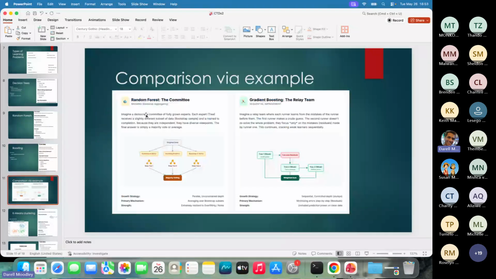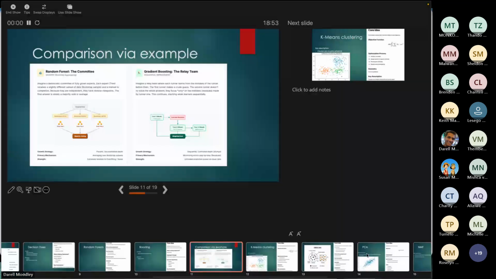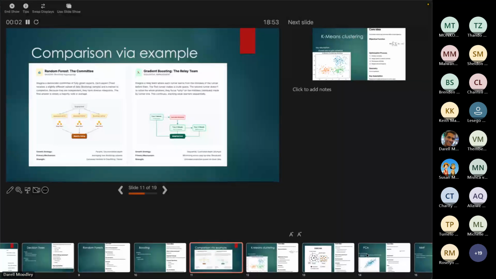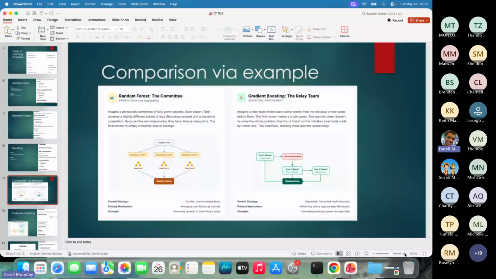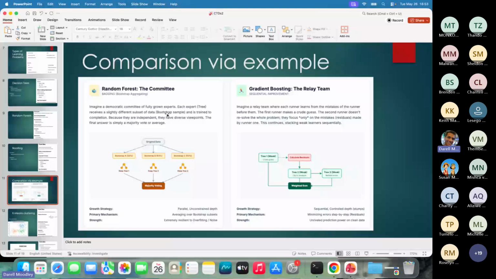Here's a comparison between random forest and boosting. For random forest, let's imagine you had a democratic committee of fully grown experts, right?